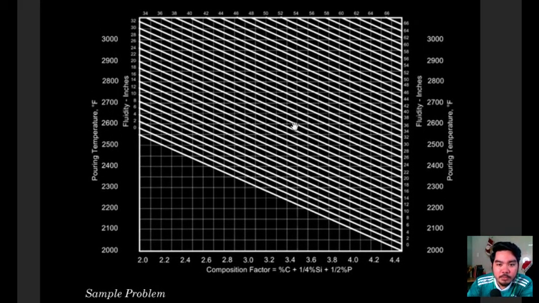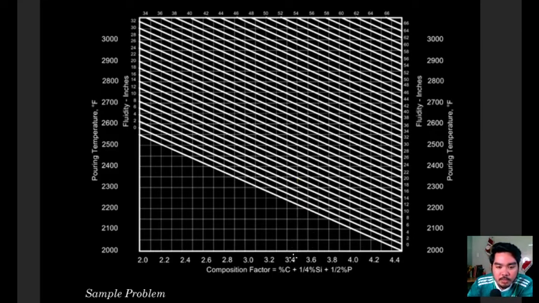For example, if you have a composition factor of 3.4, then you just look for its temperature.